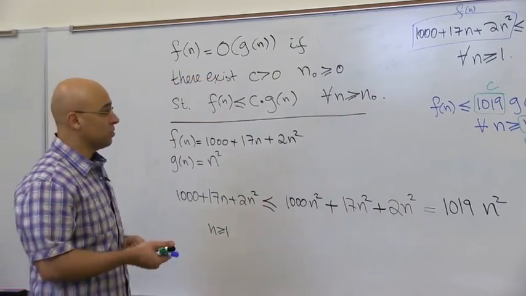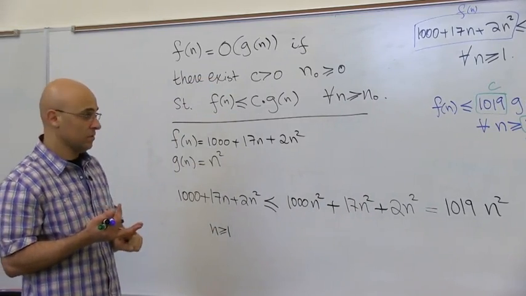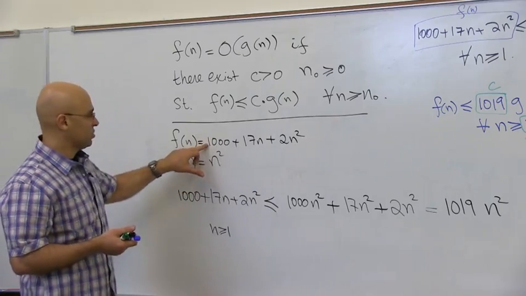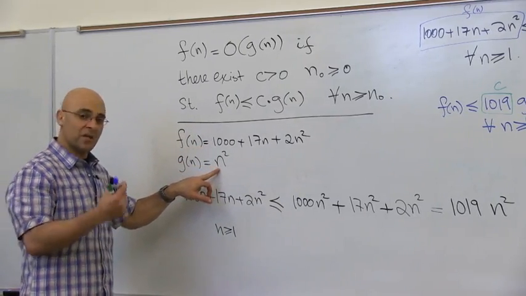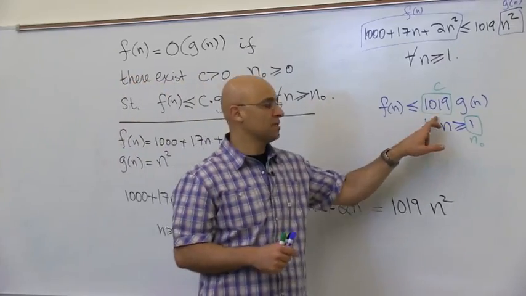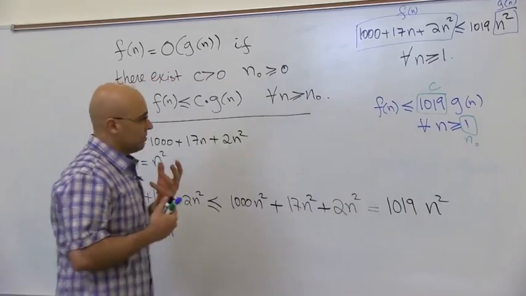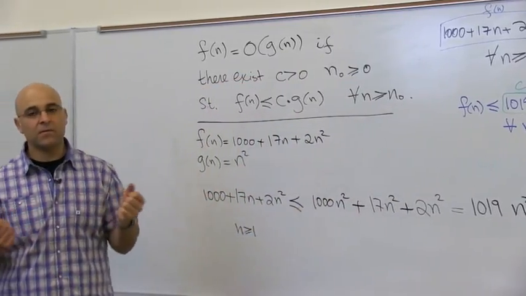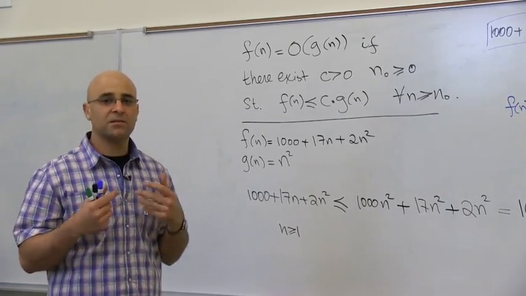I showed that I can find a c and an n0, such that this function is smaller than or equal to c times n squared for every n greater than or equal to n0. The c is 1,019, the n0 equals 1. So this is what I meant in the beginning when I said that we will be doing rigorous mathematical reasoning rather than proving.